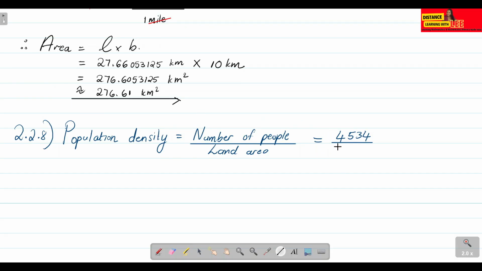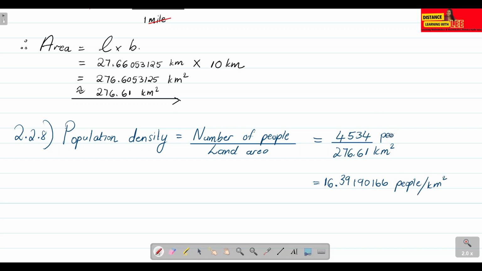So we found that the total area was 276.61 kilometers squared. Therefore, what is the population density? So you've got 16.39190166 people per kilometers squared.